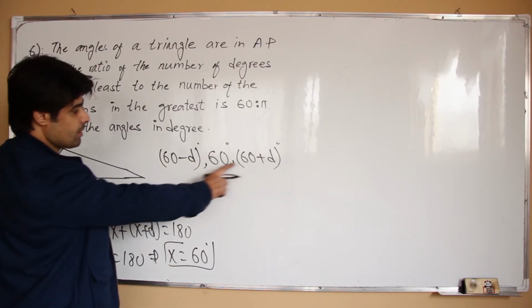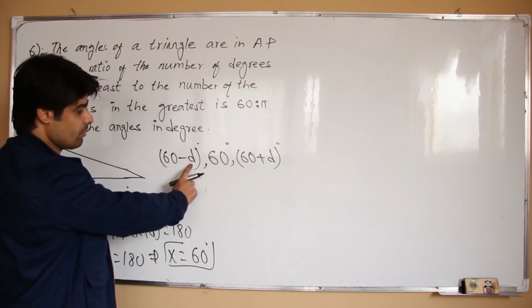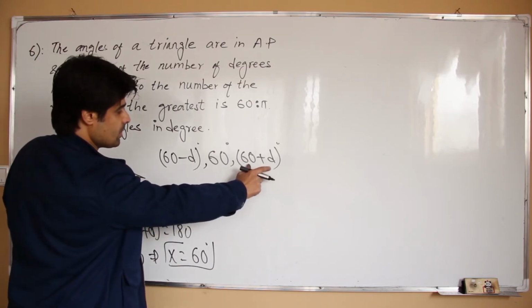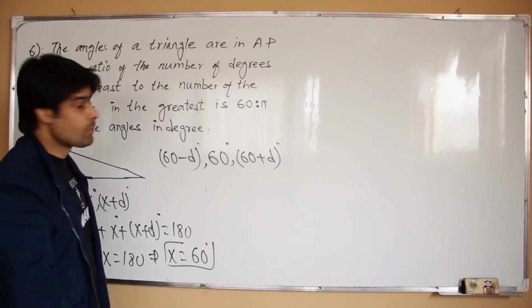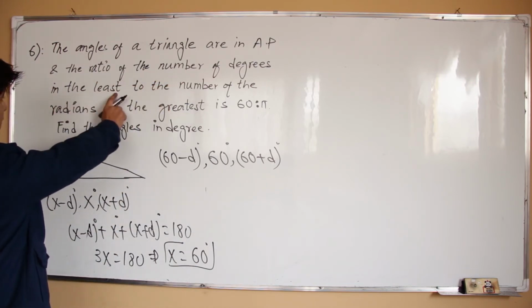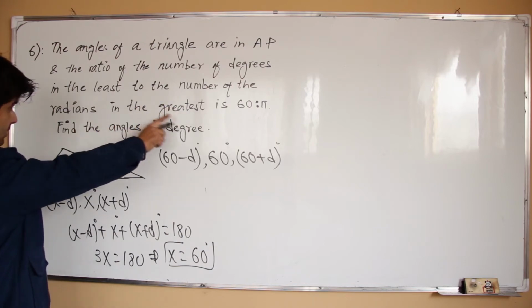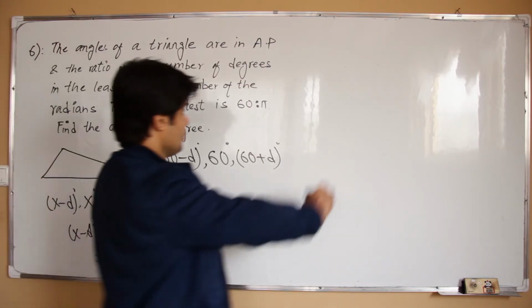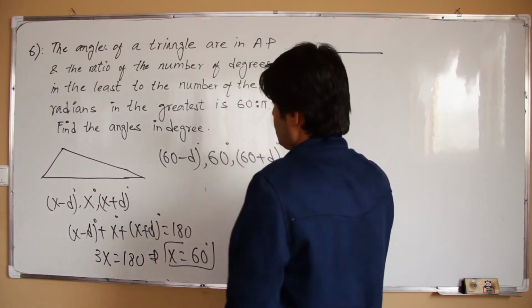We have to find d. Then we are able to find the third and the first angle. In here, another condition is the ratio of the number of degrees in the least to the number of radians in the greatest. What is the ratio? This is our ratio.